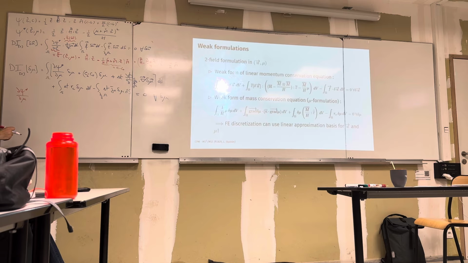D over d nu, this is our d nu. We find that it's equal to minus mu plus epsilon over h, the Cn minus C0.